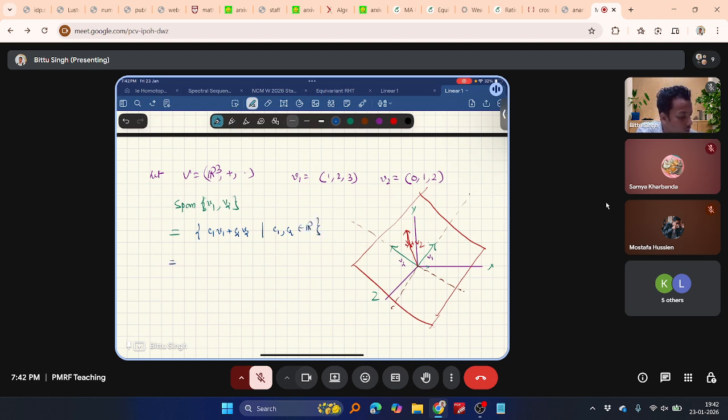So c1 times v1 means (c1, 2c1, 3c1), and c2 times v2 means (0, c2, 2c2), where ci belongs to R. Sorry, there is only one c1, so this is c1, this is also c1.